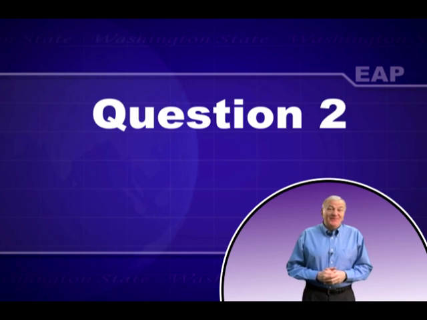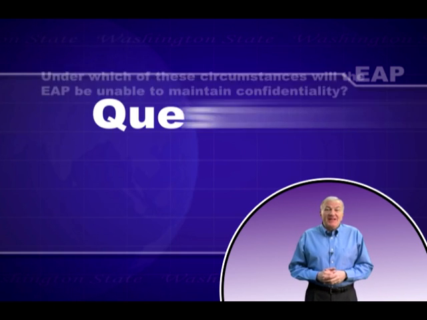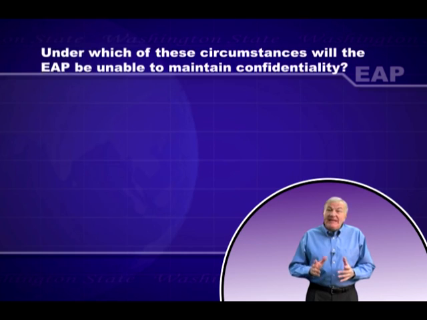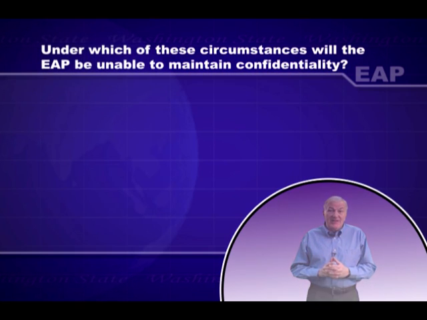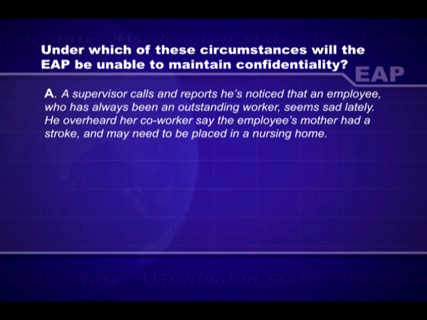Question number 2. Under which of these circumstances will the EAP be unable to maintain confidentiality? A, a supervisor calls and reports he's noticed that an employee who has always been an outstanding worker seems sad lately. He overheard her coworker say the employee's mother had a stroke and may need to be placed in a nursing home.